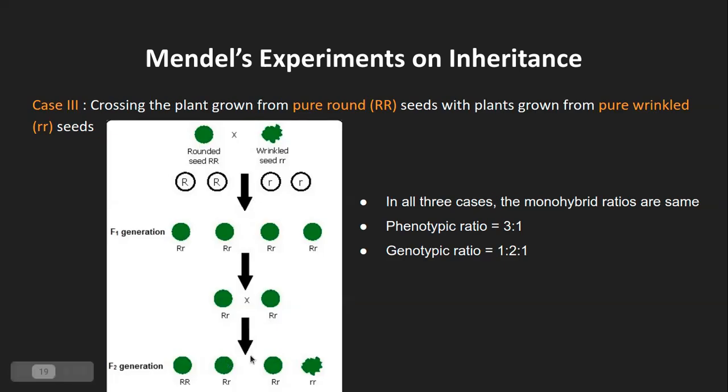That means, like I said, if these two are the parents that we have, there will be capital R small r as gamete, capital R small r here also as a gamete, and based on which two gametes are getting fused, they will form the next generation. And like I said, here they have given all the possible 4 combinations. That does not mean all 4 will always be formed. It can be only one of them or maximum 2 of them. Can be 3 or 4 at times, depending on how many fertilizations have happened.